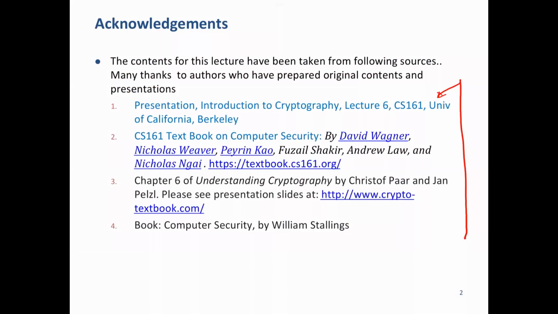Even this book is quite good by Christof Paar and Pelzl. And if you want to really learn a lot about crypto algorithms in great detail, then read this book. This is a classical book. These 3-4 books are quite nice to read.